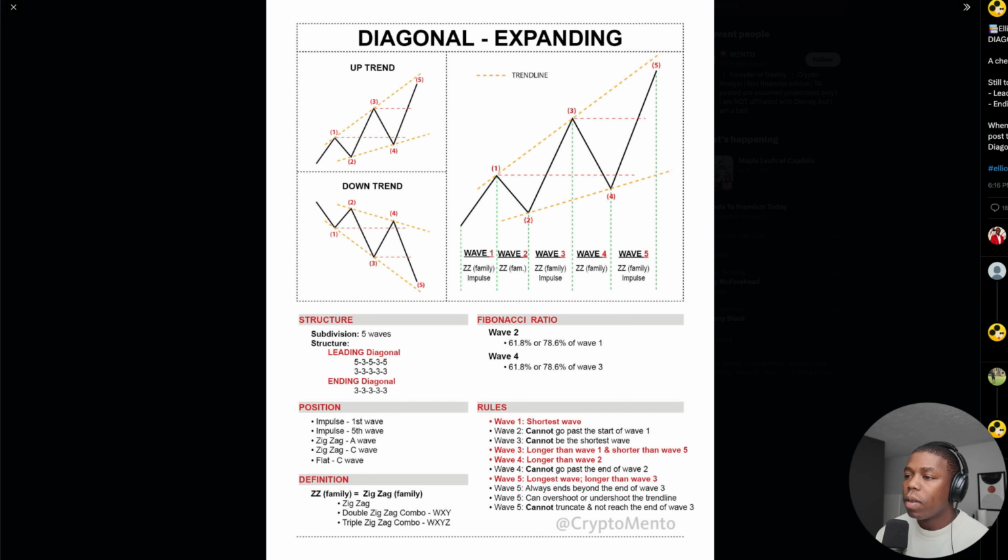There's also some overlap between these waves, and it creates this cone type of shape or this expanding diagonal, almost kind of like a megaphone. And so you can follow along with this price action and get some probabilities of where price is going to go. So let's go ahead and jump into the first coin that I'm seeing this on.